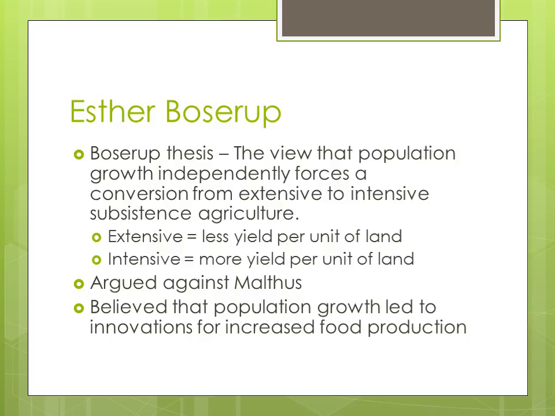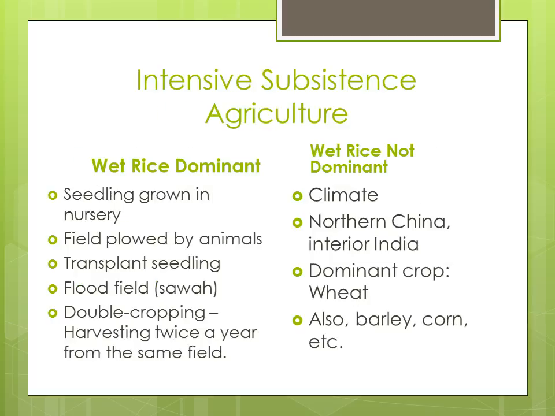So let's take a look at some of the different types of intensive subsistence agriculture. The two biggest types that we have here are intensive wet rice and what our textbook calls non-wet rice, or areas where wet rice is not dominant. All right. Because the climate can be in a lot of different areas, we see two different types.